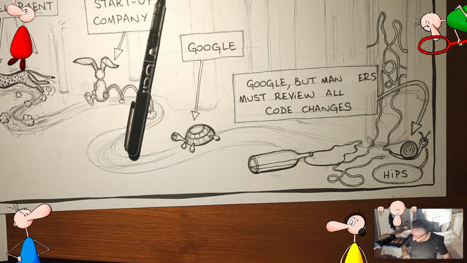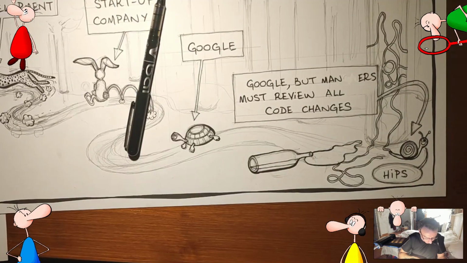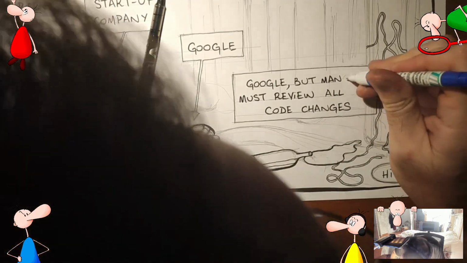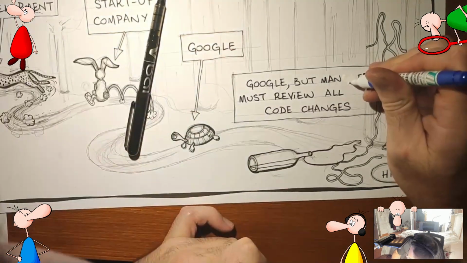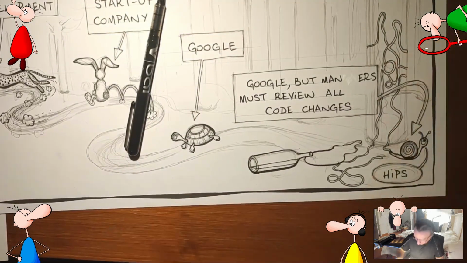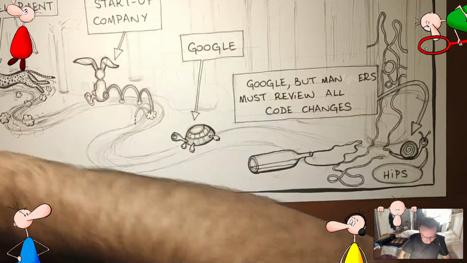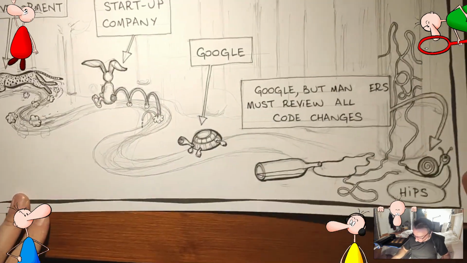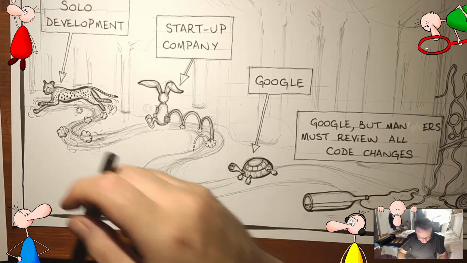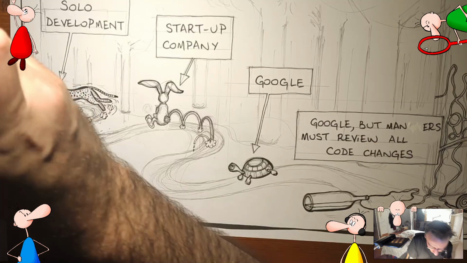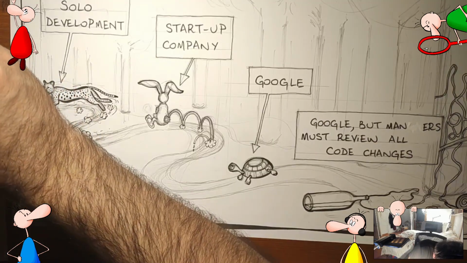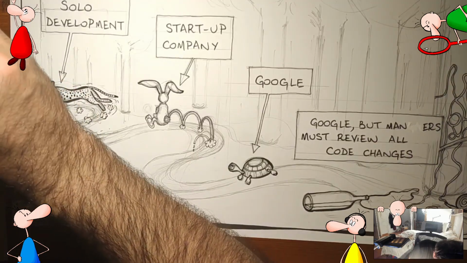Okay, I think this must be dry by now. Not completely erased there yet, so need a bit more. Okay, now we need to draw a bit of a path that all of these animals are following.